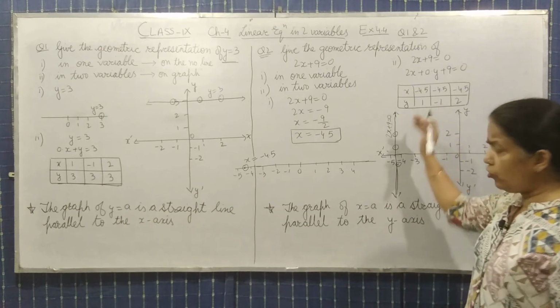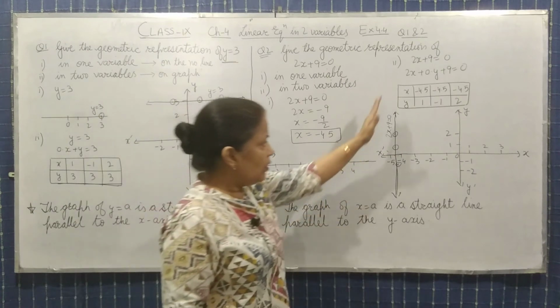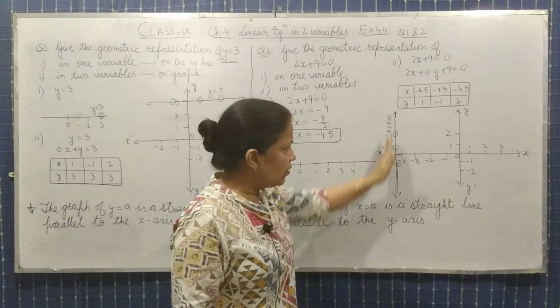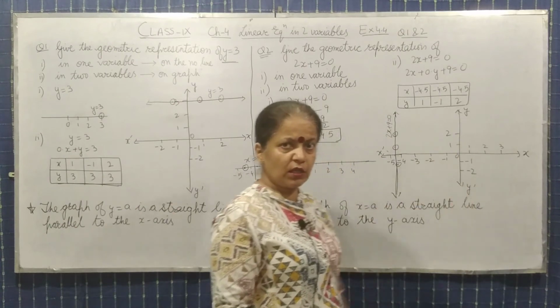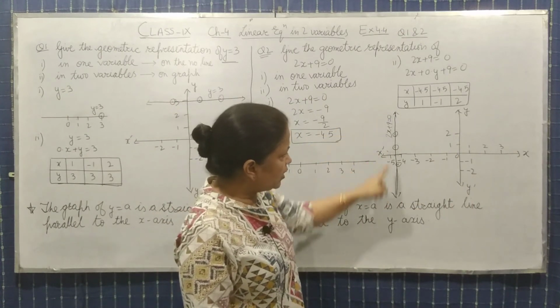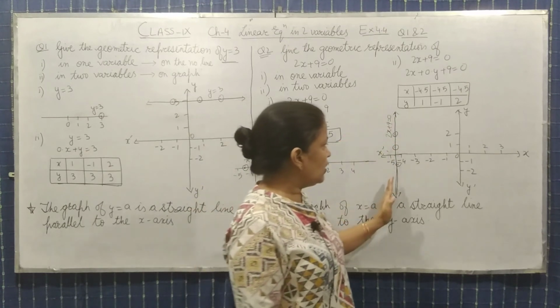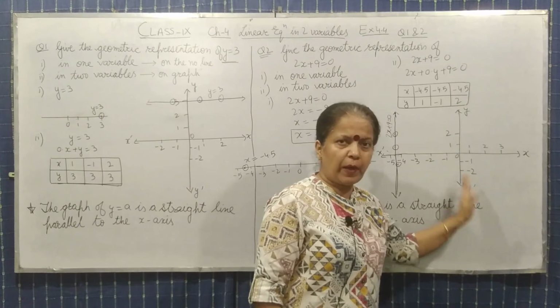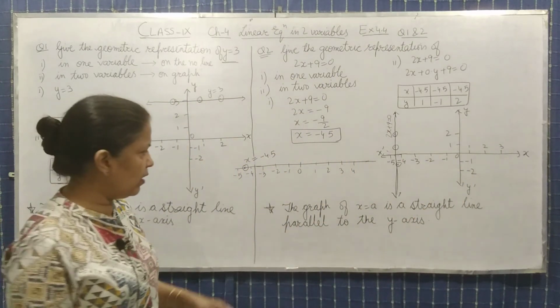Now, can you observe this graph? What do you observe? That this line is parallel to the y-axis, isn't it? Since all the points pass through minus 4.5, this line is parallel to the y-axis. So what have we observed here?